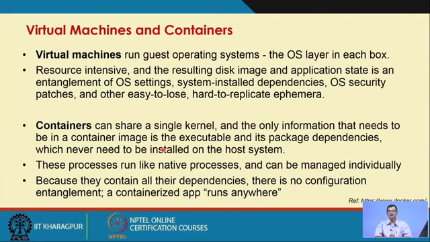Because they contain their dependencies, there is no configuration entanglement, and so containerized applications run anywhere. That means I do not have any binding with the host machine; I isolate my container-based package from the host. It increases portability and can be run on any other system.